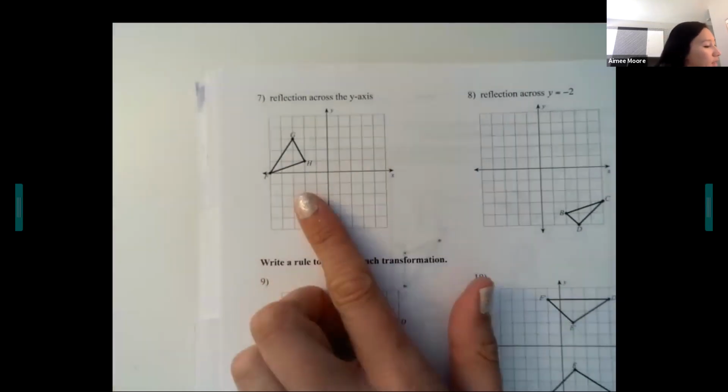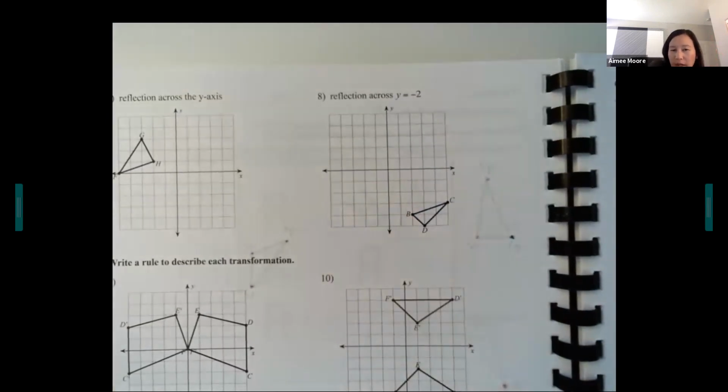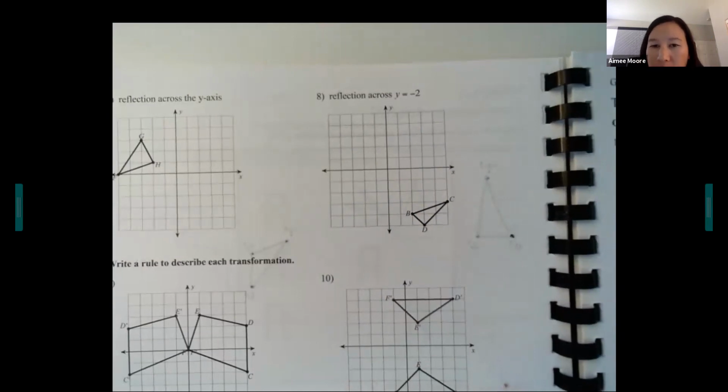Oh, we already know the y-axis though. Okay, what about for number 8? So draw your line of reflection. So where's y equal to -2? And then if you can show me again, and then we'll make sure. Right here. Oh, hold on. I drew another line.